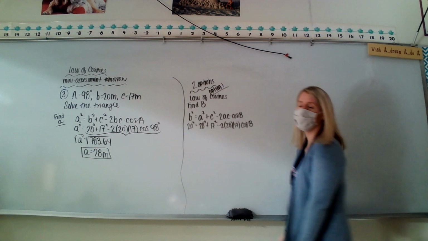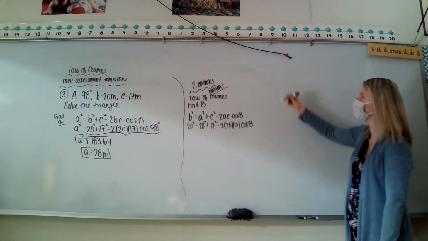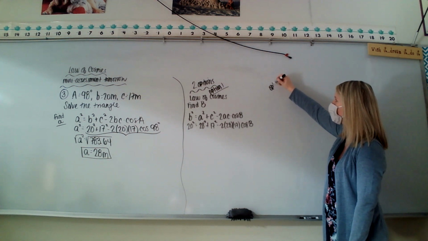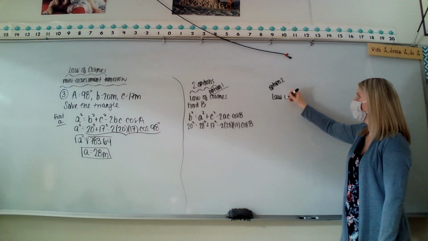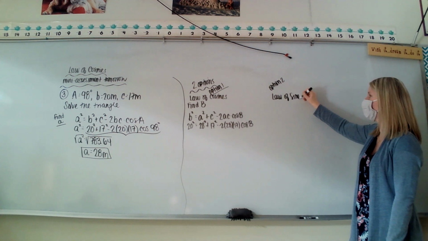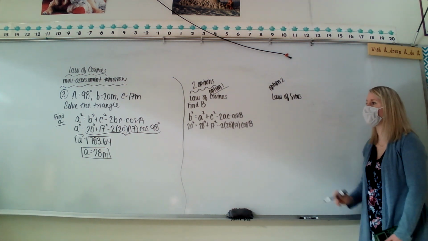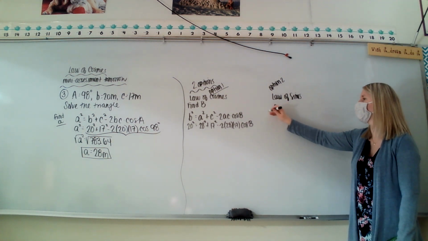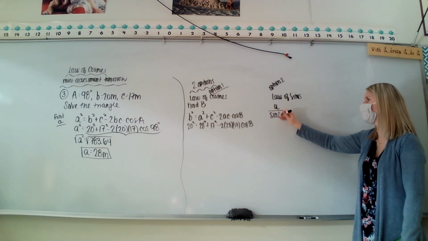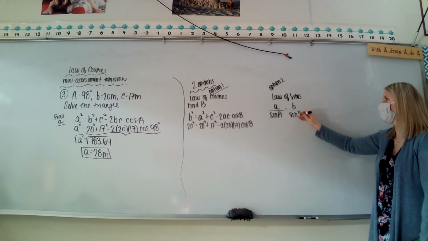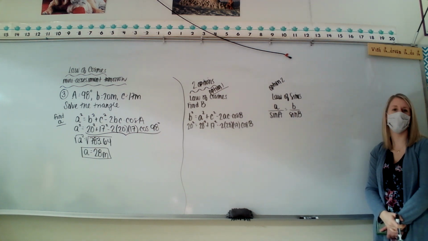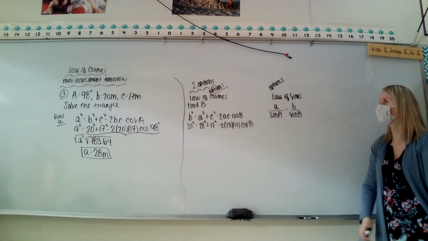So if you like that way and you want to continue with just law of cosines, go for it. The other option is you can actually use law of sines. If we go back to good old law of sines from back in the day, because now we have side A and angle A, and then you can do B over side B to find that. So you decide which way you like.